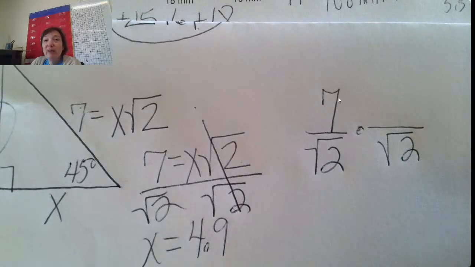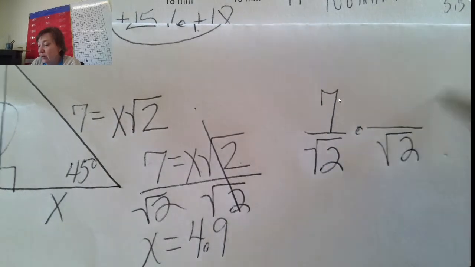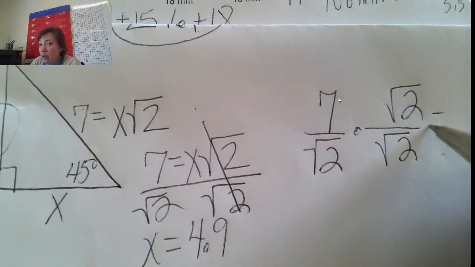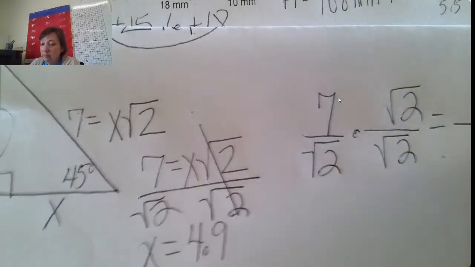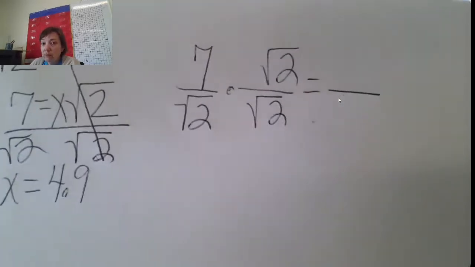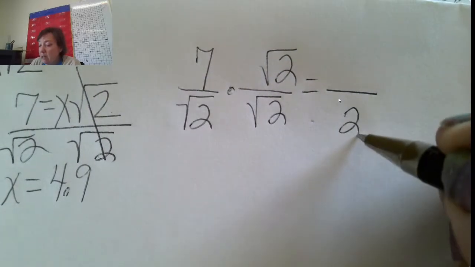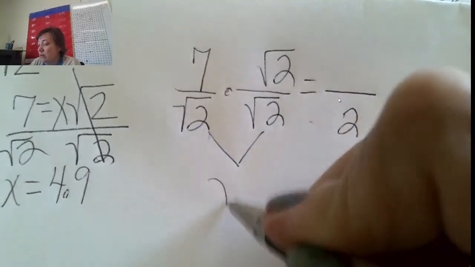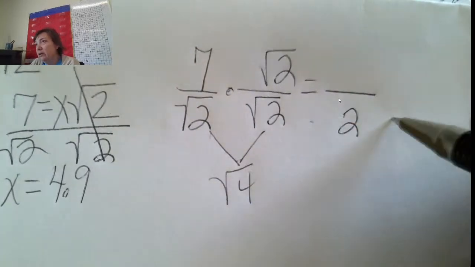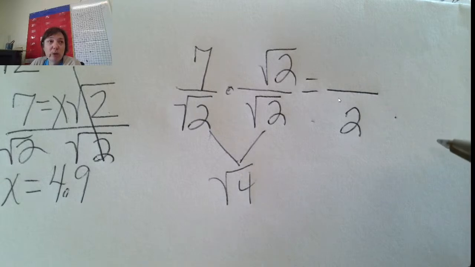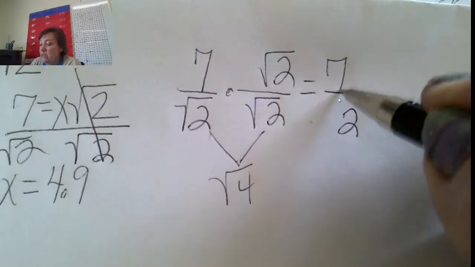Yes. But if I do it on bottom, got to do it on top. So that means on bottom, what do I wind up with? 2, right? Just 2. Because the square root of 2 times square root of 2 is the square root of 4, but when we take the square root of 4, we get 2. Basically, you're just undoing that square root. But then on top, we get the 7 square roots of 2.